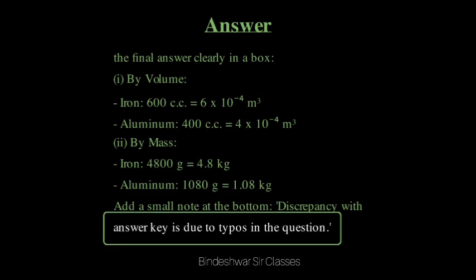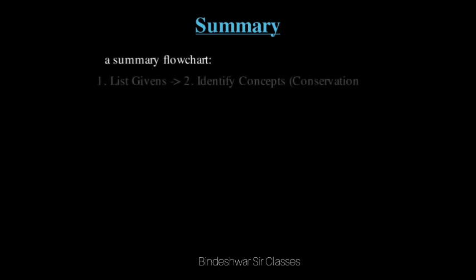Note that the provided answer key states 0.48 kg and 0.108 kg, which would be correct if the total volume was 100 cubic centimeters instead of 1000. To summarize, we solved this problem by setting up two simultaneous equations based on the conservation of mass and volume.